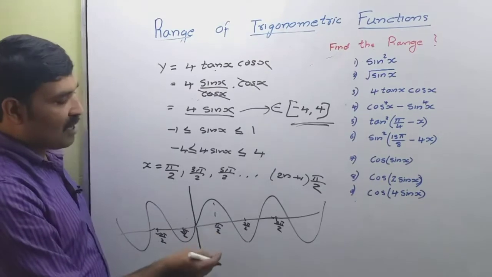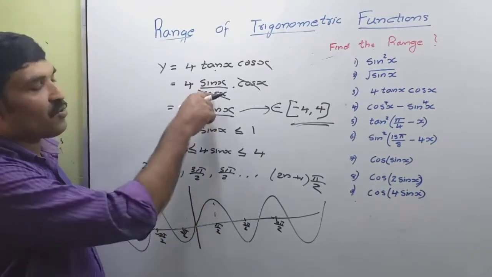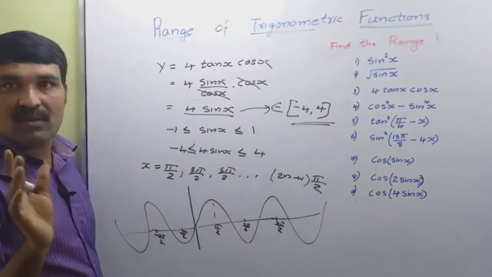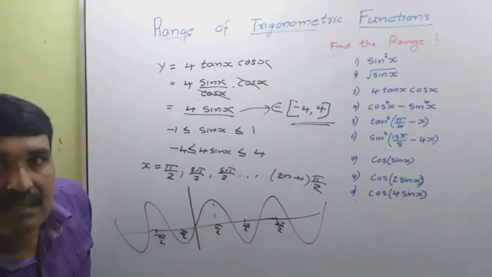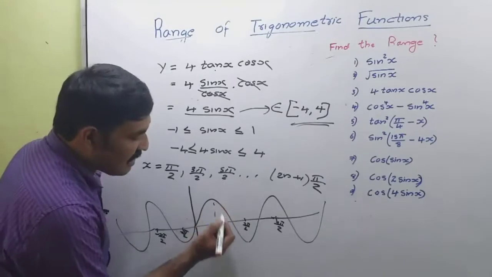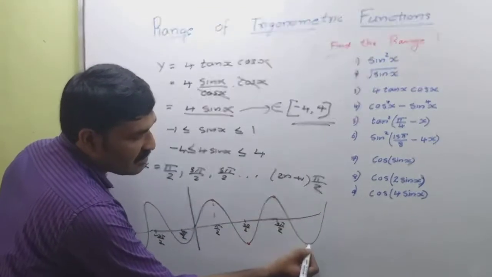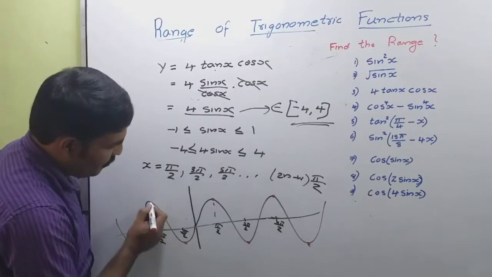At odd multiples of pi by 2, the value of cos x becomes 0. So 0 by 0, we cannot cancel. So there is always a discontinuity at this point, that is, at an odd multiple of pi by 2.